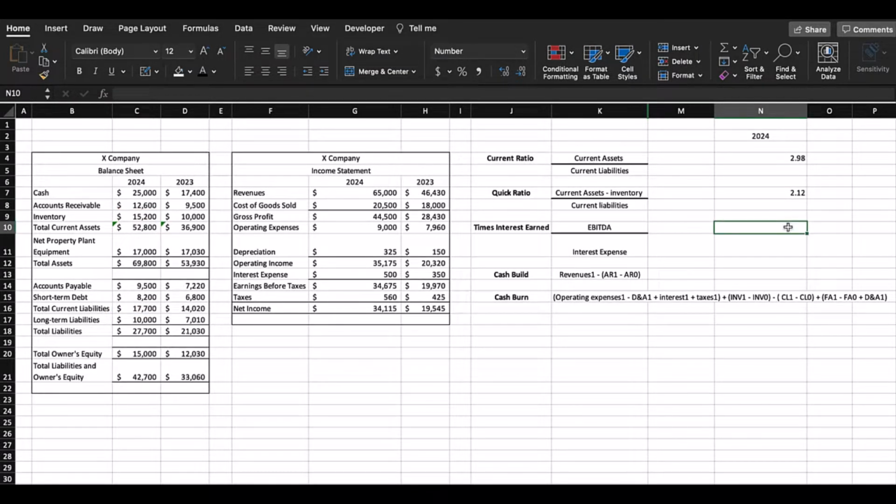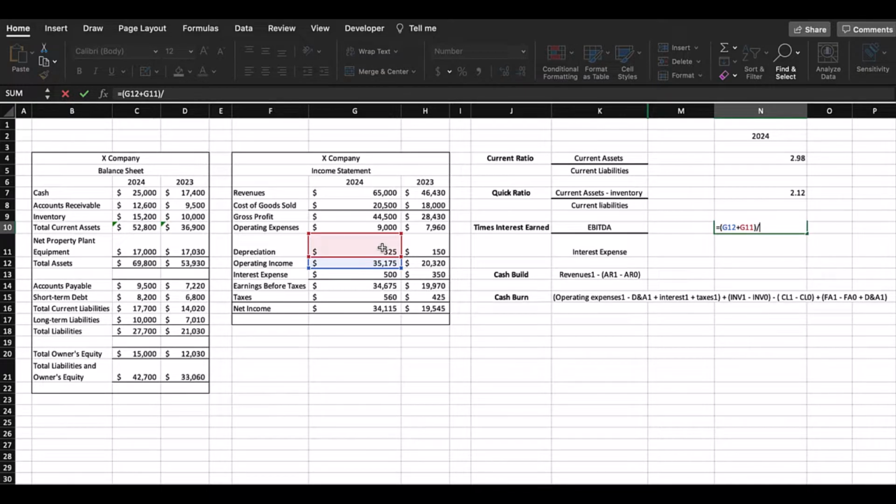Then moving on, we can go to our times interest earned ratio, which is our EBITDA, or our EBIT adjusted for depreciation and amortization, over our interest expense. We can start with our adjusted EBIT or EBITDA, and the way we do that is we take our EBIT or operating income and we add back in depreciation, because depreciation is a non-cash expenditure, and EBITDA will give us a better idea for a company when you factor that out.